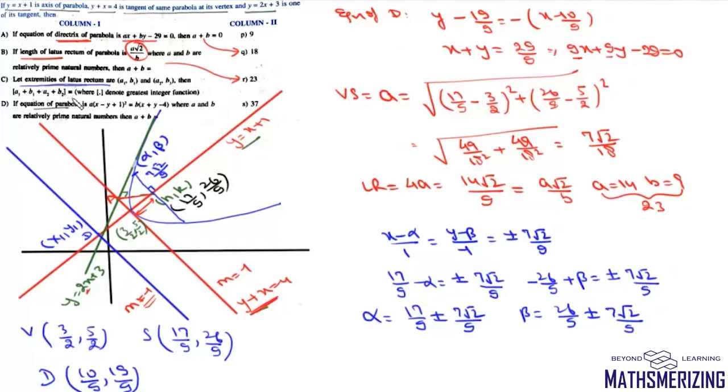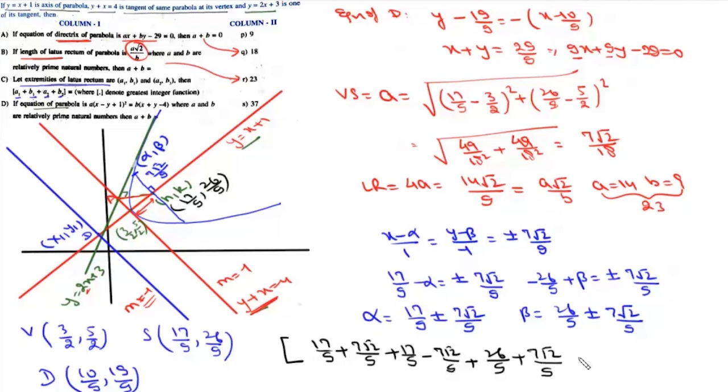Now we'll need to find the greatest integer function of a1 plus b1 plus a2 plus b2. So we'll need to find the greatest integer function value of 17 by 9 plus 7 root 2 by 9, and then 17 by 9 minus 7 root 2 by 9, and 26 by 9 plus 7 root 2 by 9, and then 26 by 9 minus 7 root 2 by 9.